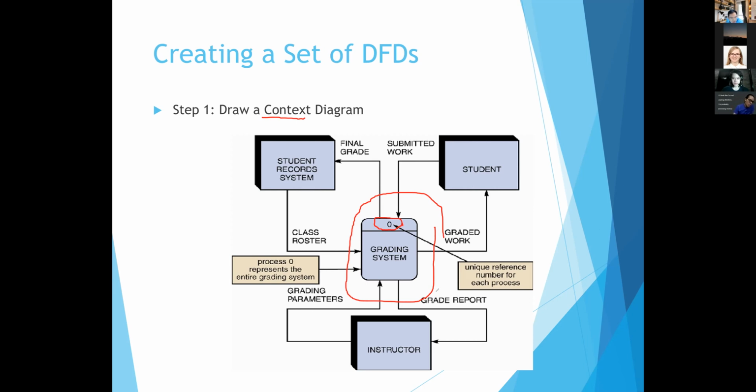For instructor, one input to the system and one output from the system to instructor. The input to the system is the grading parameters, while the output from the system that is sent to instructor is the grade report. While the student record system is another system that is related to the grading system. One input from the student record system to the grading system is the class roster. And finally, the grading system will create an output called final grade sent to the student record system.